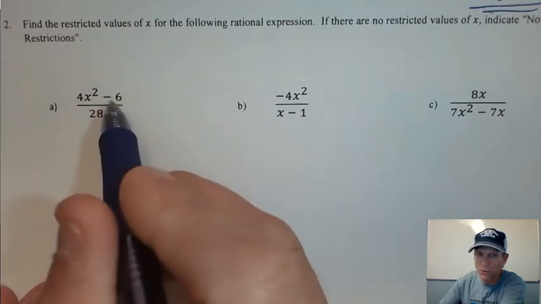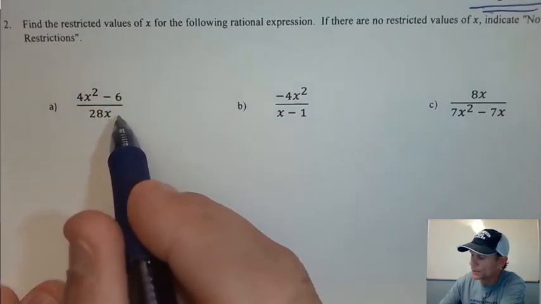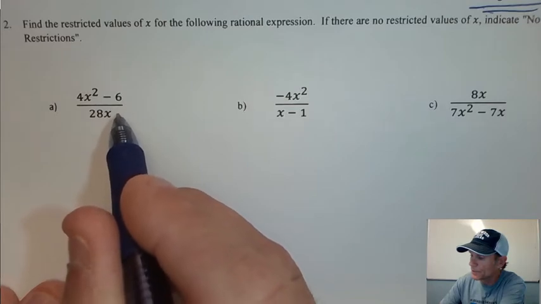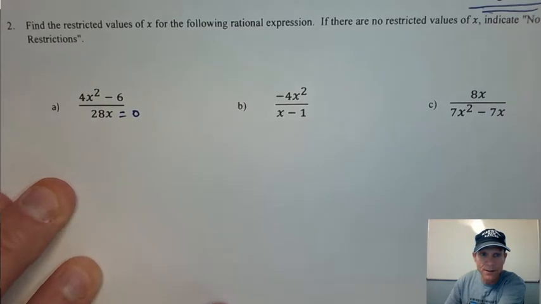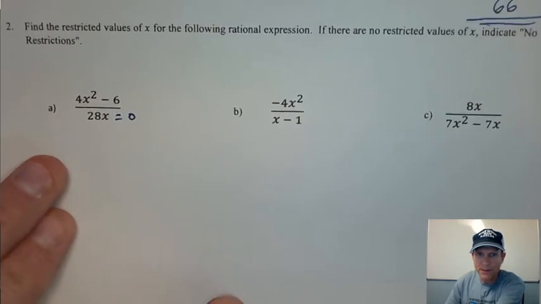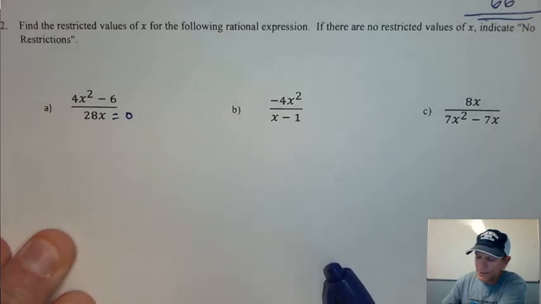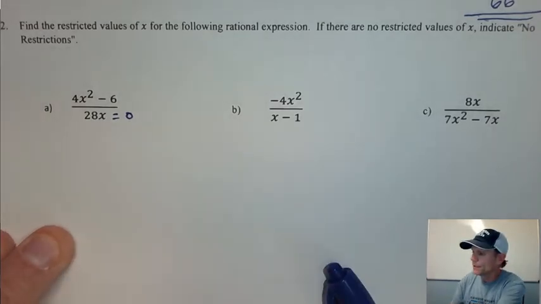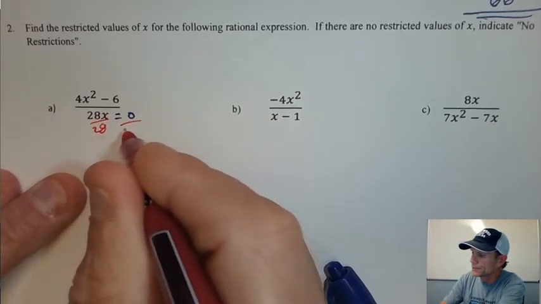We can just ignore the numerator. We just want to take the denominator and set the denominator equal to 0. Now some people will do that just right next to it right here, and some people will copy it down onto a different line, but I can set it equal to 0 right here, and then I'll solve that by dividing by 28, and you're probably getting pretty good at these.